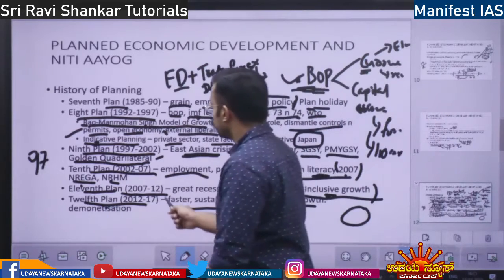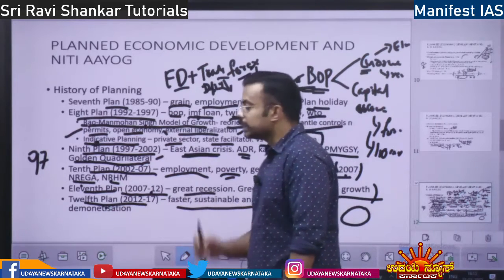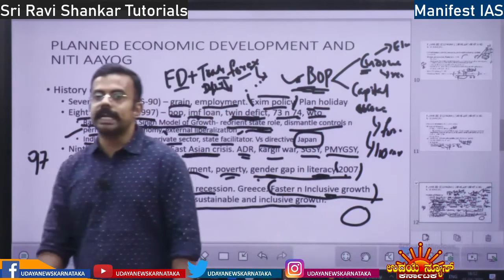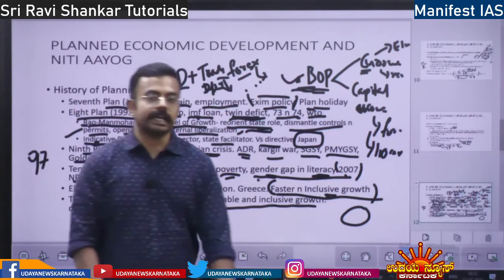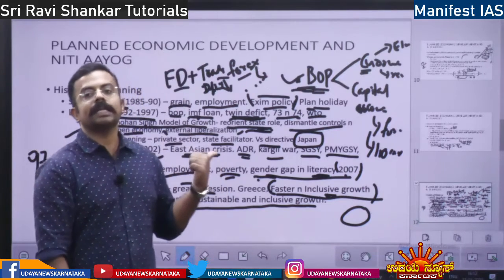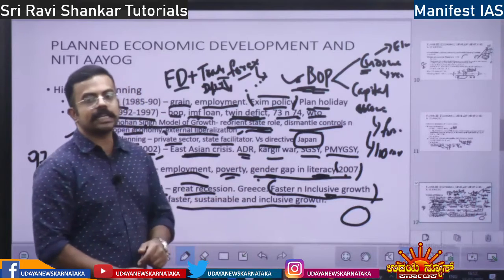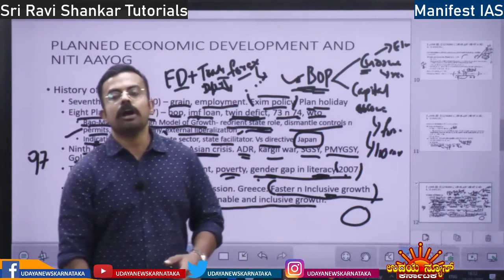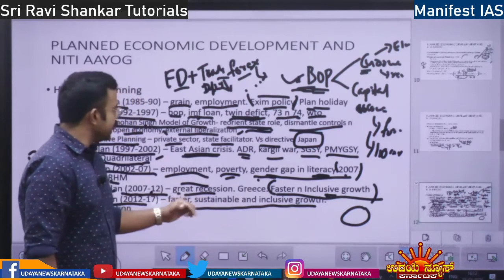In 2007-12, the 11th plan, there will be the great recession. I told you what the great recession is yesterday. The 2008 financial crisis would not impact India. Clear?